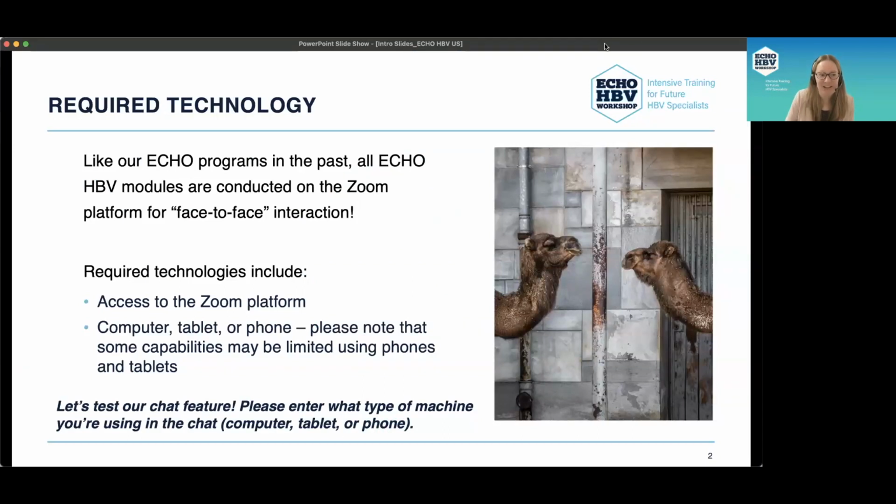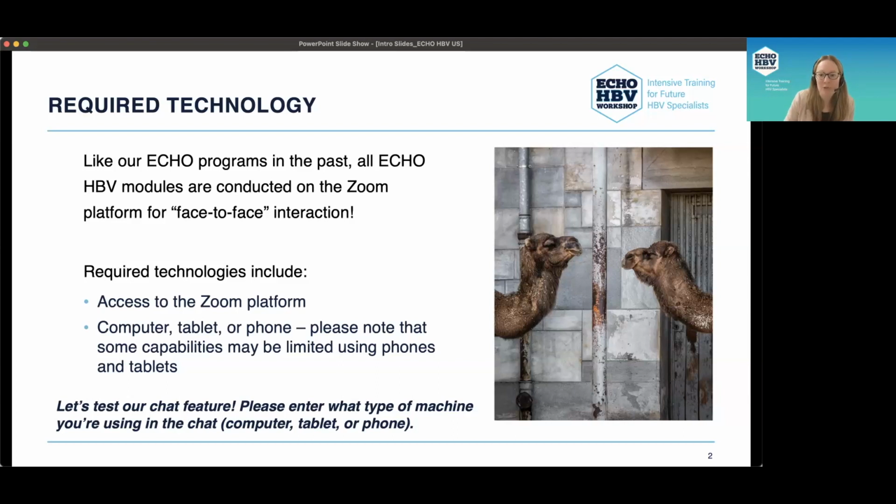Okay, required technology. If you're here, obviously you have the technology that you need. So all ECHO HBV models are conducted on the Zoom platform, so we want this to be face-to-face, as interactive as possible. So you just need access either to a computer, a tablet, or a phone. Just note that some capabilities may be limited using phones and tablets.